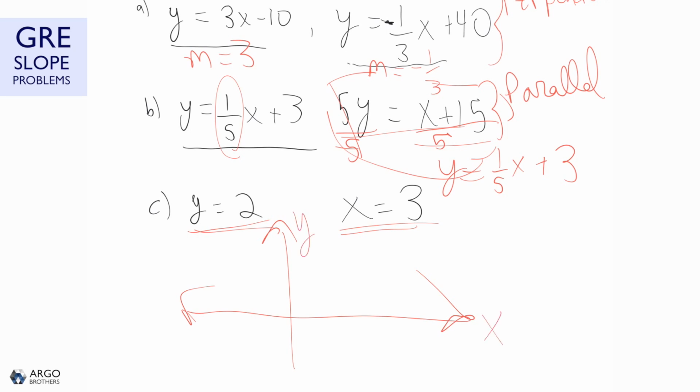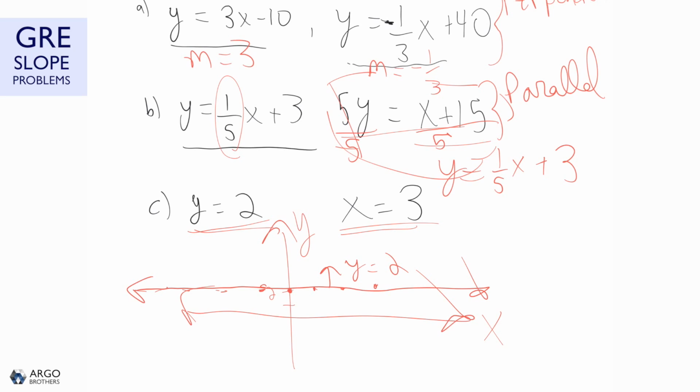So what do I mean? Let's check y equals 2. Y equals 2, well, that would be this point here. That's where y equals 2. But also y equals 2 here, and here, and here, and here. So the line y equals 2 is this horizontal line.